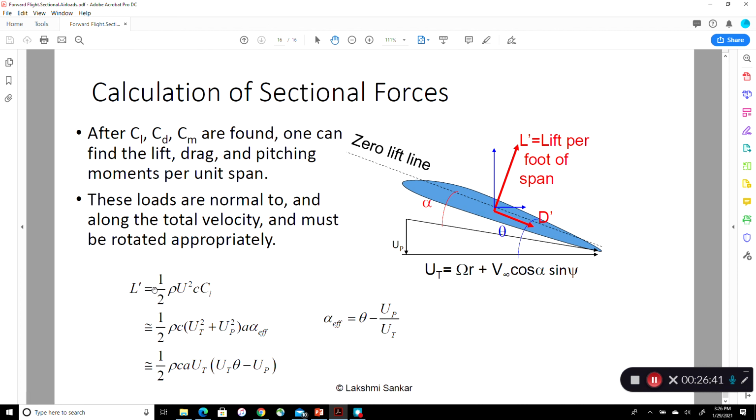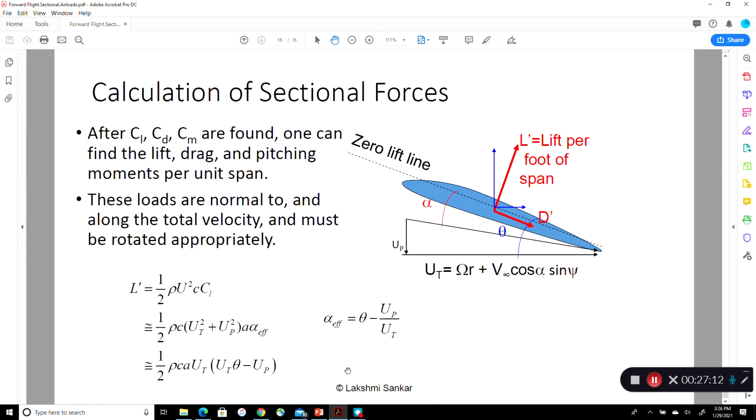If you use an analytical curve fit, CL will become a times alpha effective, where alpha effective is as shown earlier. So you can again take UT theta minus UP by UT. If you neglect UP squared as a small number compared to UT squared, you'll only have UT squared, so the one UT in the denominator will be cancelled out, leaving only one UT up here.